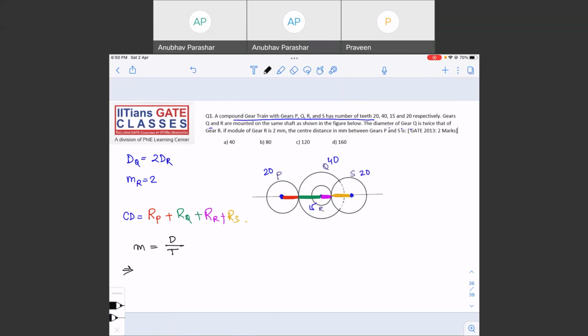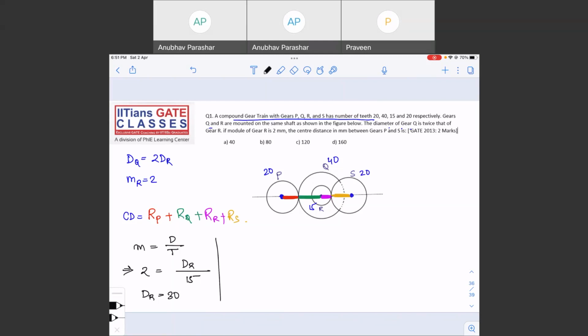So module of gear R is 2, equal to diameter of gear R divided by teeth on gear R. Teeth on gear R is 15. So diameter of gear R is equal to 30, right?